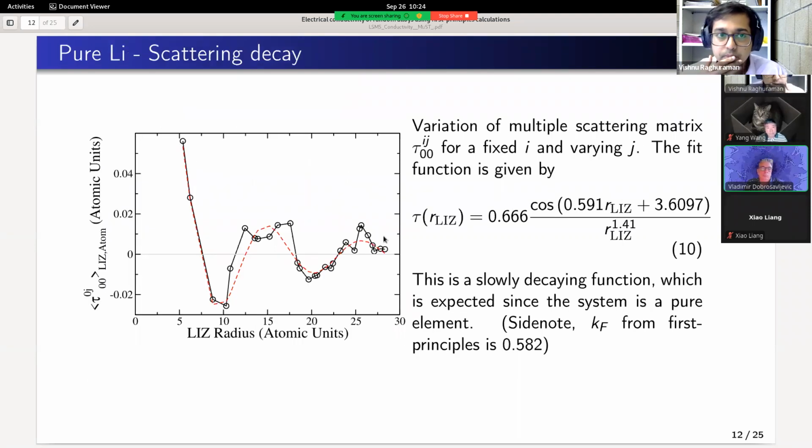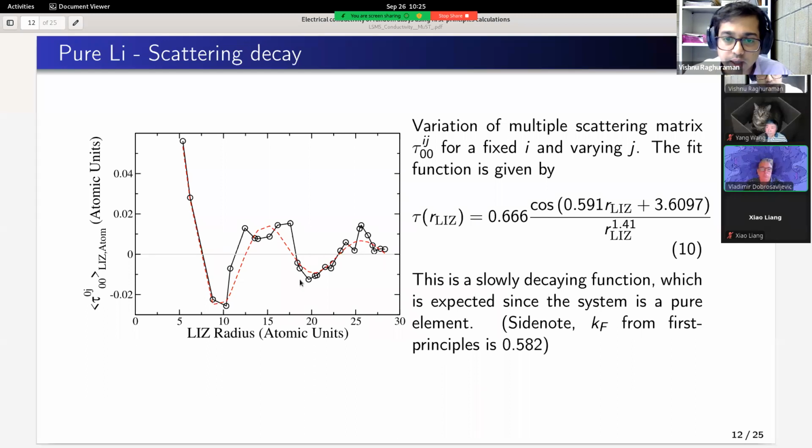So the first system I did was pure lithium. We looked at the 0, 0 element of the tau matrix against the LIZ radius. This shows how the scattering matrix decays as the two atoms between which you're calculating the scattering matrix get further and further apart.